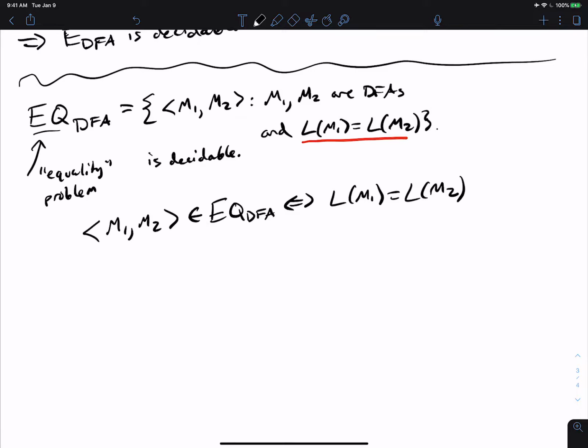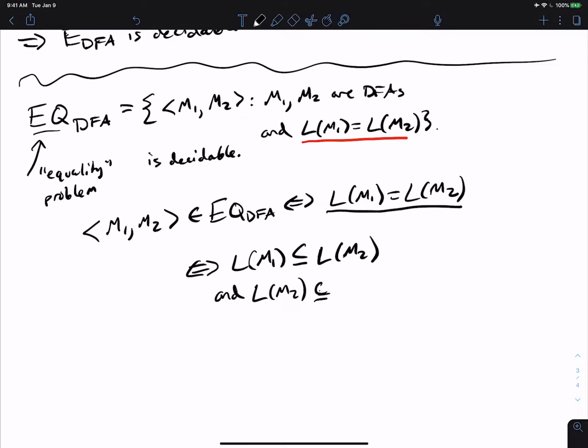So the question we need to answer is whether or not these 2 sets are the same. And we've done this several times at this point. How do you check whether or not 2 sets are the same? Well, you just check if one is a subset of the other and vice versa. So this is if and only if L of M1 is a subset of L of M2, and L of M2 is a subset of the first one.